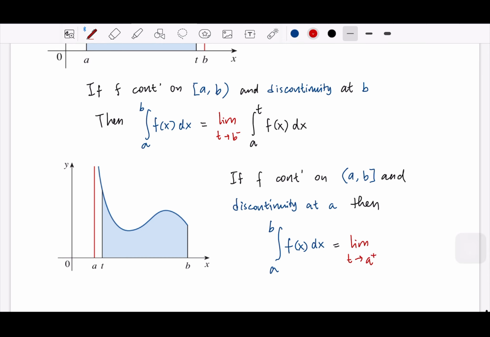That's our t approaching a from the right.